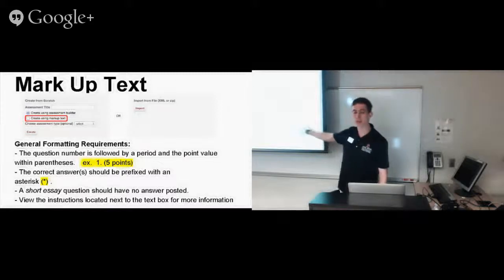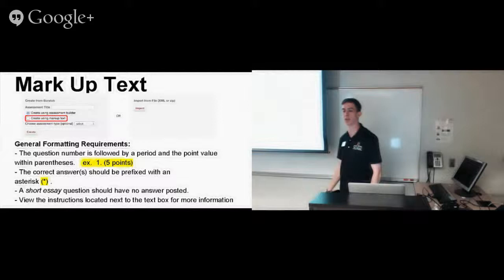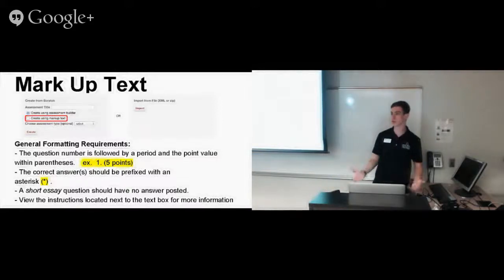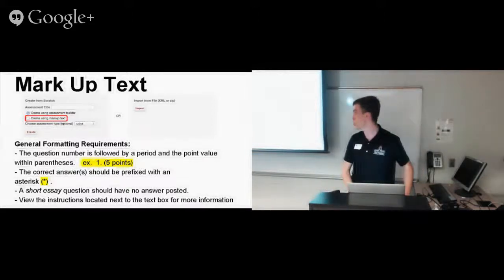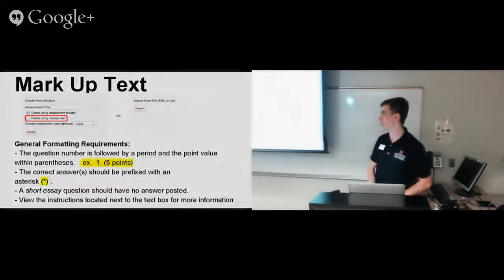It gives you a blank input box, and allows you to copy and paste the markup text that you've already created, maybe inside of a Google Drive document or a Word document. Or maybe you're using quizzes that are already pre-formatted, downloading them from a textbook or something like that.